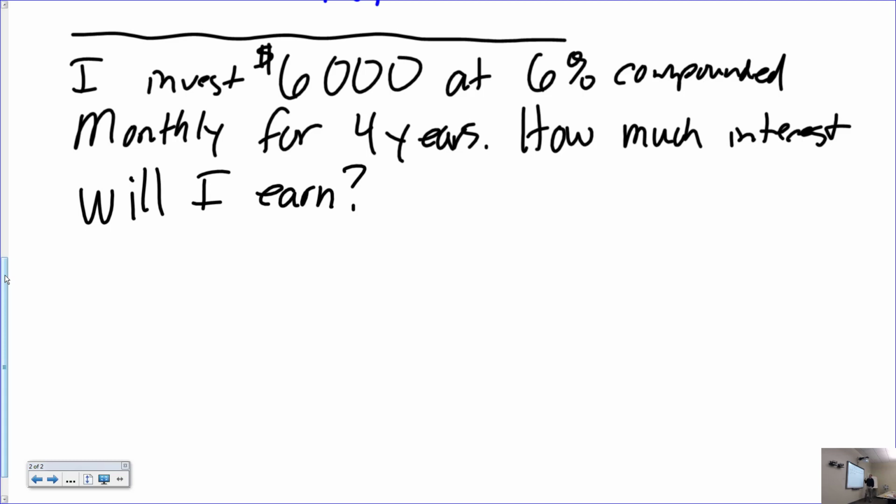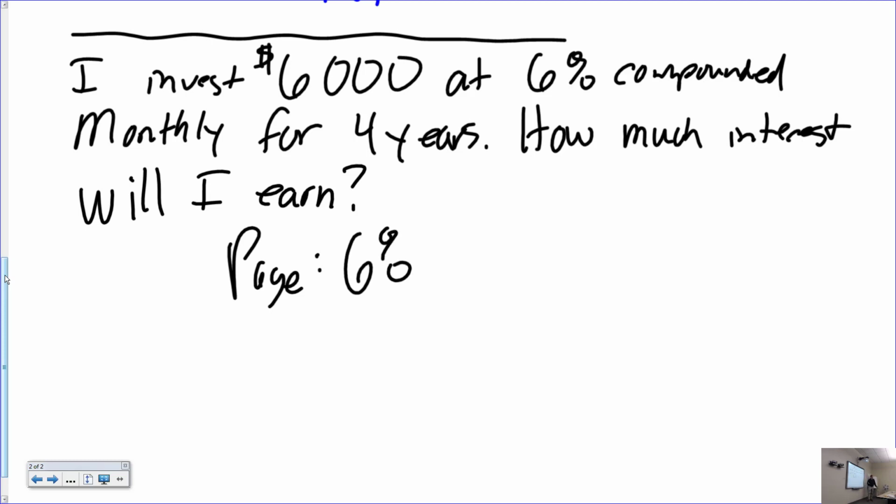So, what does compound monthly mean? Split it into 12 months instead of quarters. Yeah. So technically, folks, what page are you going to go to? What percent are you going to look up? We're going to start at 6%, but what do we have to do with that 6%?